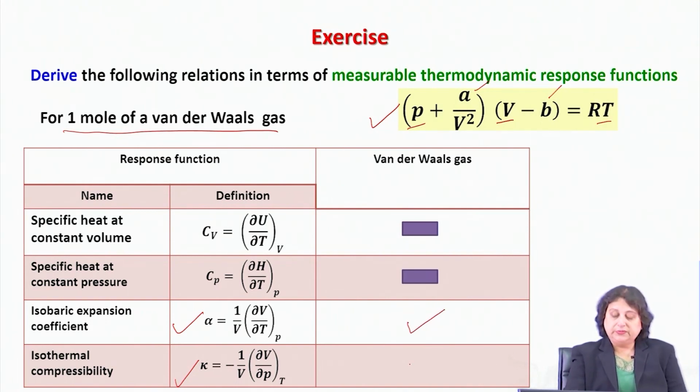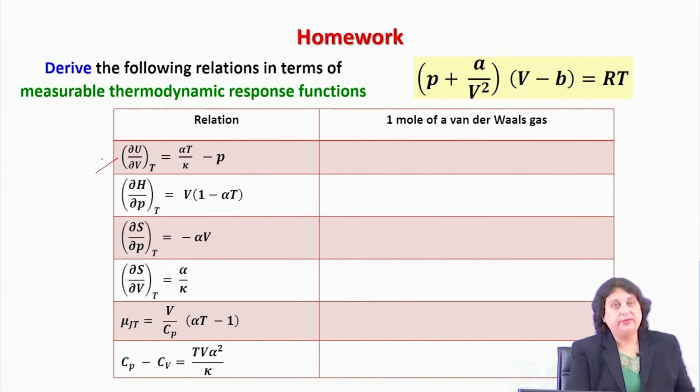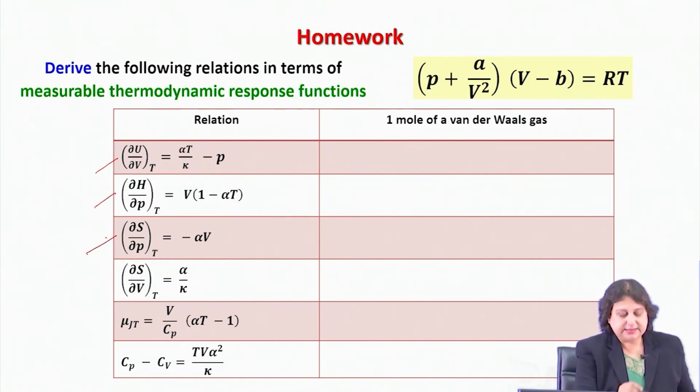Similarly, you can also find out what kappa is, and I'm going to leave this as an exercise for you to find out what alpha and kappa are. So I will also give you an exercise to find out what is going to be the variations of del U del V at constant T, del H del P at constant T, del S del P at constant T, del S del V at constant T.